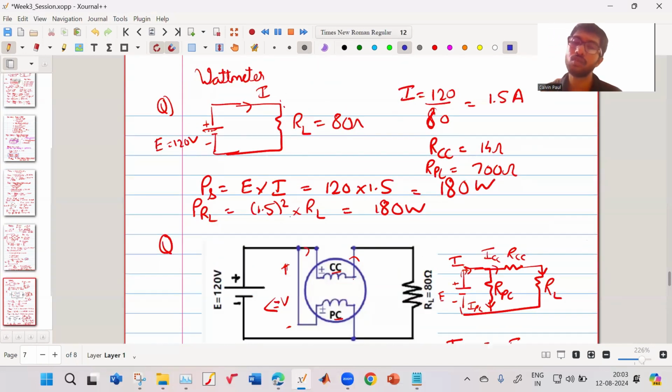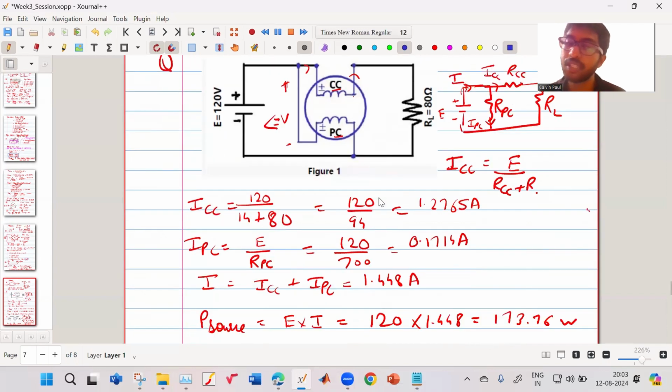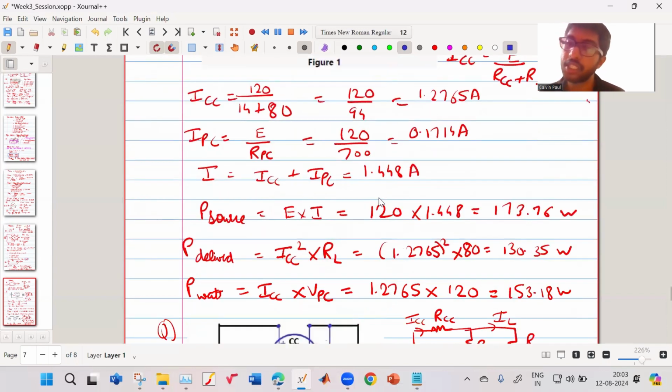Then we considered what a wattmeter is, how we connect it, and how it changes things. When it is connected in the circuit, the current is changed because of the resistance in the pressure coil and the resistance in the current coil. Then the power which is measured is not equal to the power which is delivered.